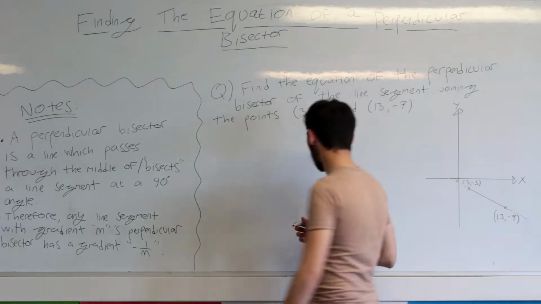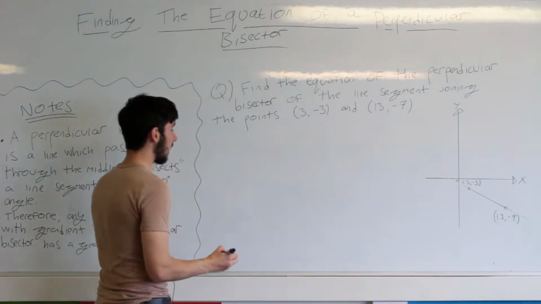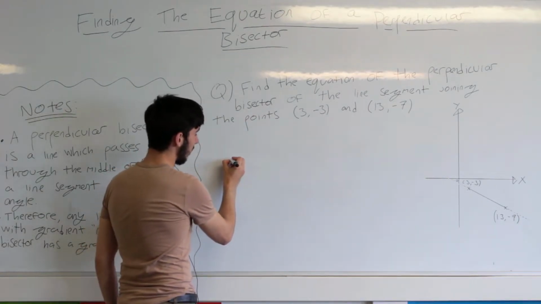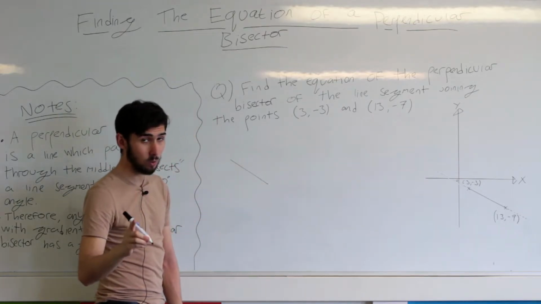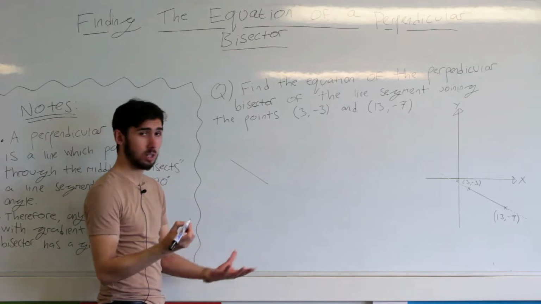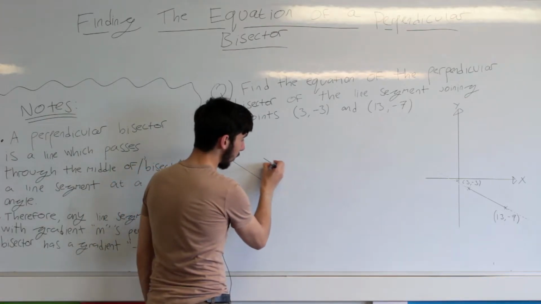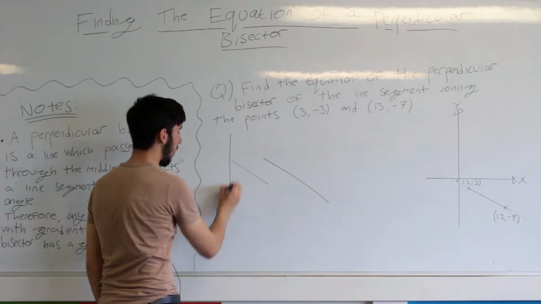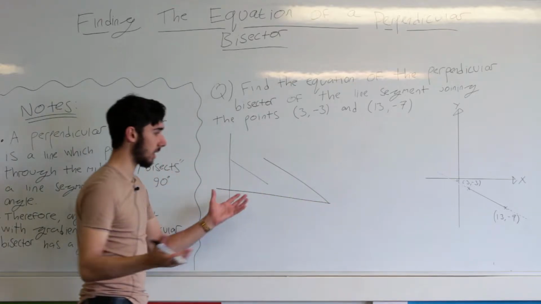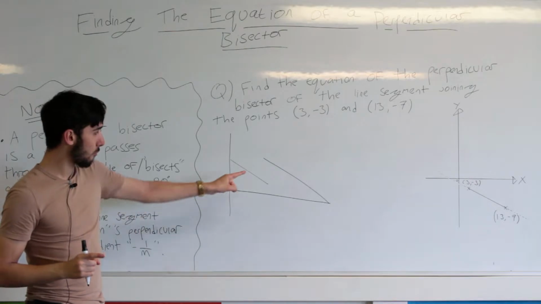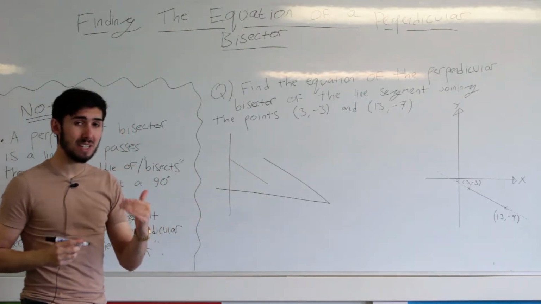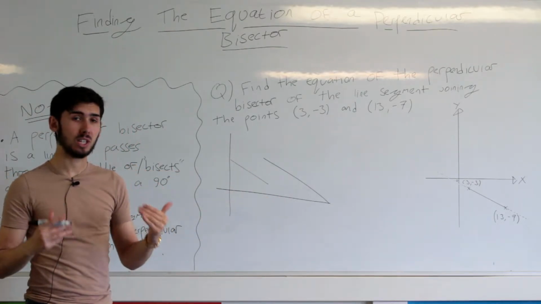Let me make sense of what I'm saying. If you have a line segment that goes like this, or a line segment that is parallel but longer and starts in a different place, on some arbitrary coordinate axis, the gradients of both of these perpendicular bisectors are the same.